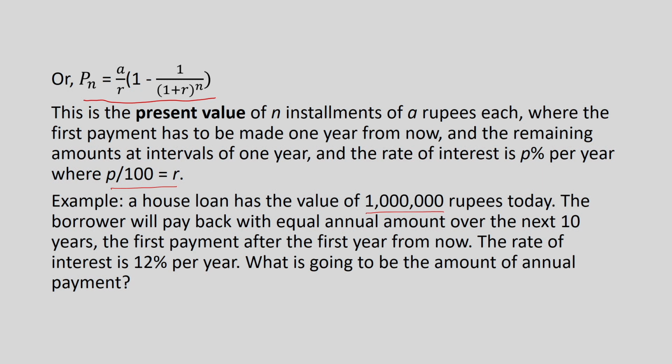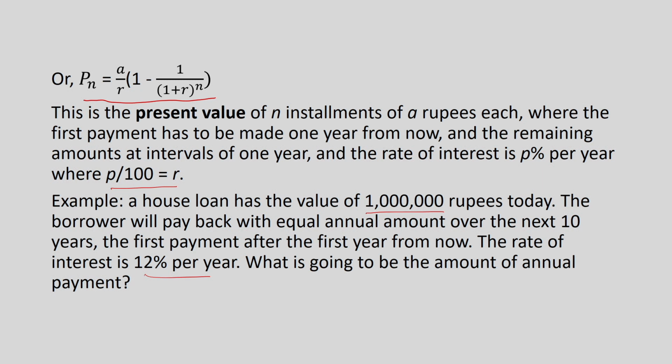So, a person has taken a loan from the bank of 1 million rupees, that is 10 lakh rupees today, and this borrower will pay back an equal amount annually over the next 10 years. The first payment is after the first year from now. The rate of interest is 12% per annum. What is going to be the amount of annual payment?